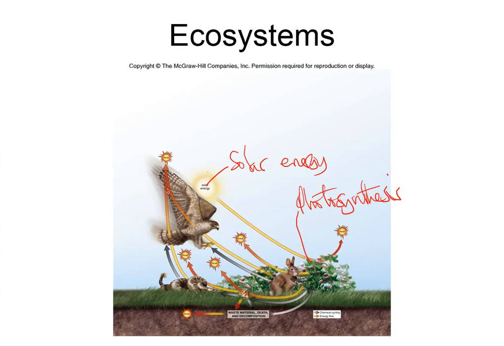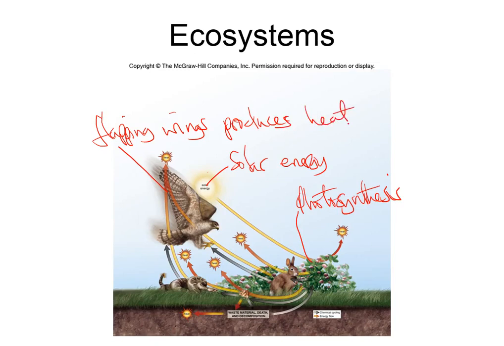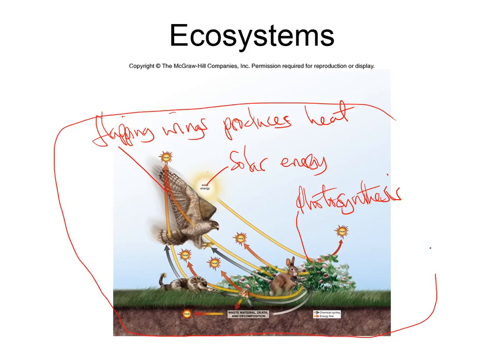As this one is flapping its wings, it produces heat. That is also another form of energy transfer within the ecosystem. But all this we see here, including the soil and the land, is the ecosystem.